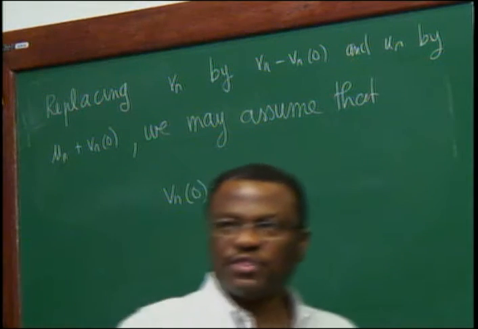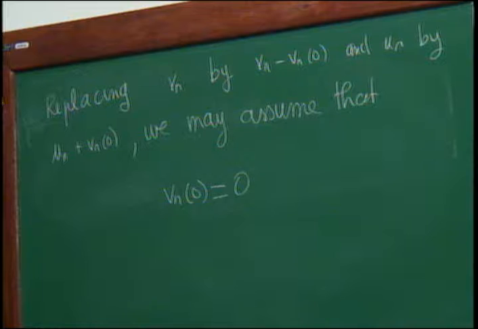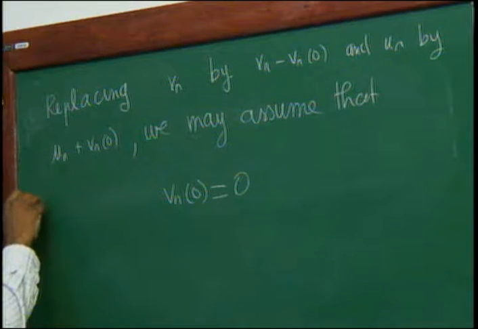Okay? So if Vn of 0 was not 0, I add a constant to it, and I get a new function. And this is not going to affect property 1. So call this 2.